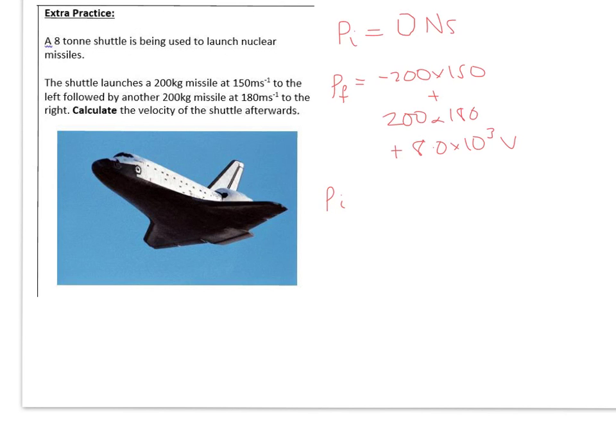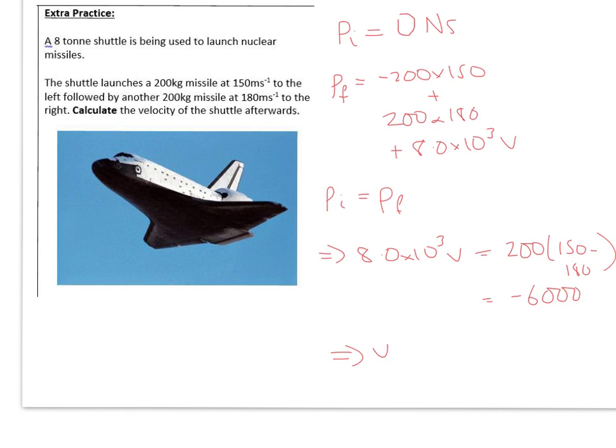We know that the initial momentum is going to equal the final momentum. So what we can do is some rearranging. So we've got the mass of the shuttle times the velocity is going to be 200 times 150 minus 180, which is equal to minus 6,000.